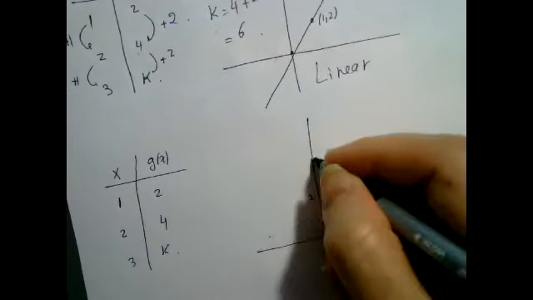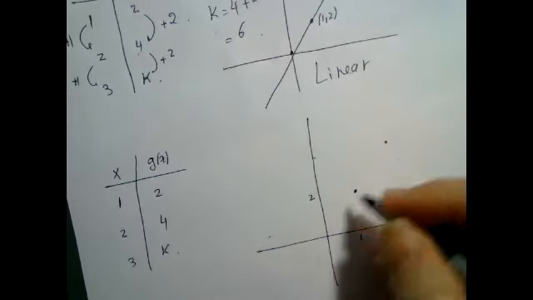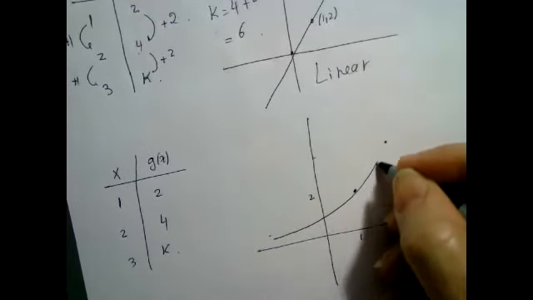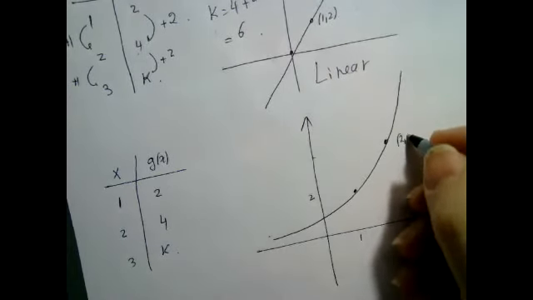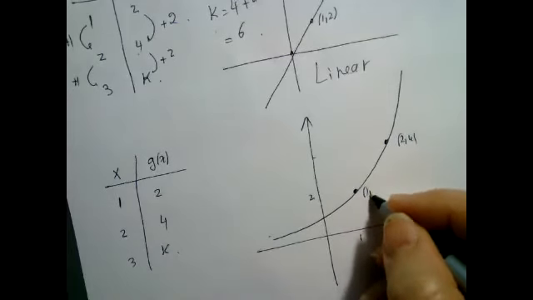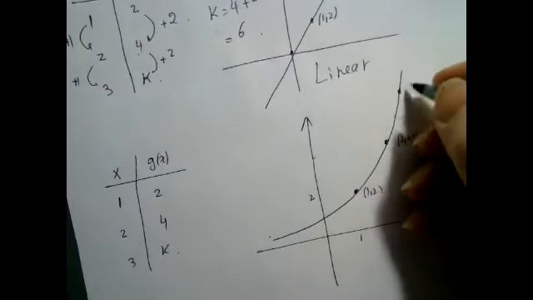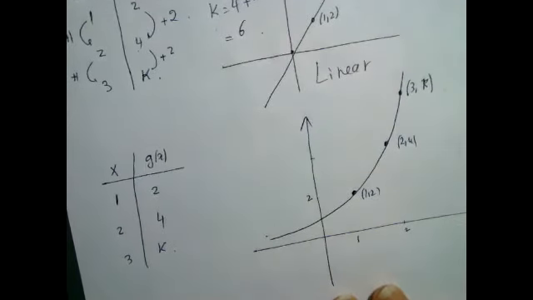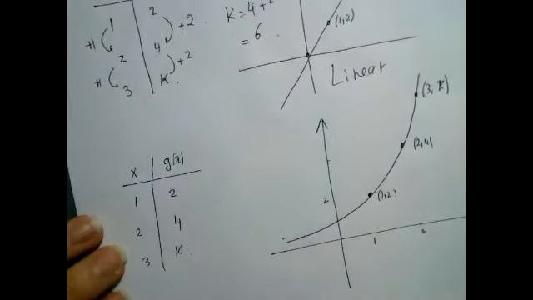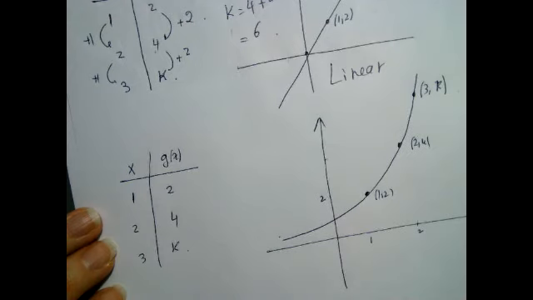This is 2, 4. But my function is not linear. It's exponential. And this is 3, k. What is k in this scenario?